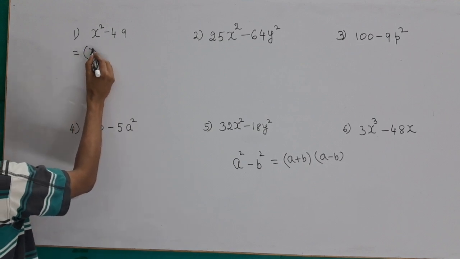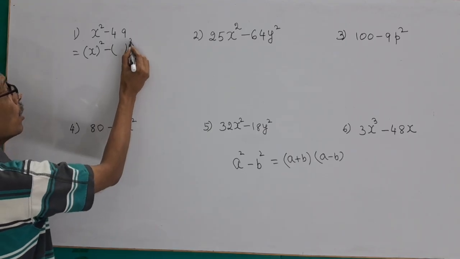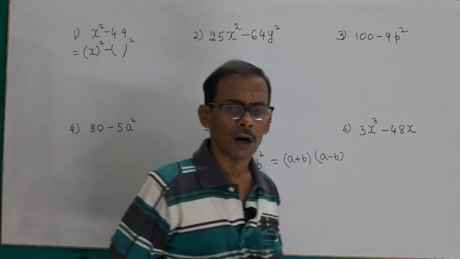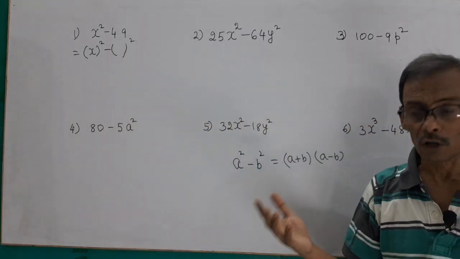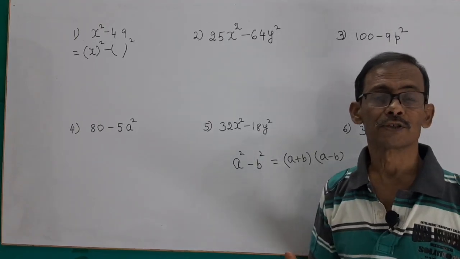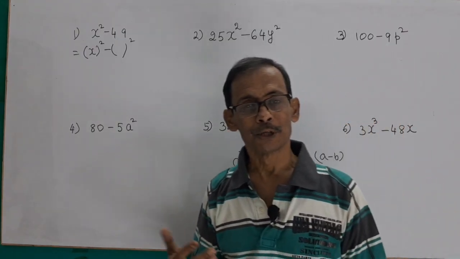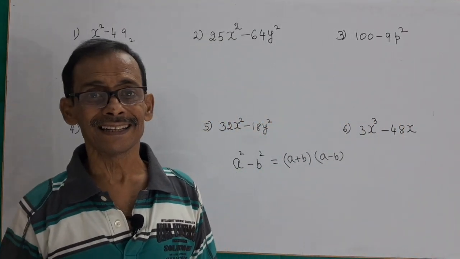So come on. This x square minus square. Now 49 is the square of what number? You must know the square table. 1 one is 1, 2 twos are 4, 3 threes are 9.